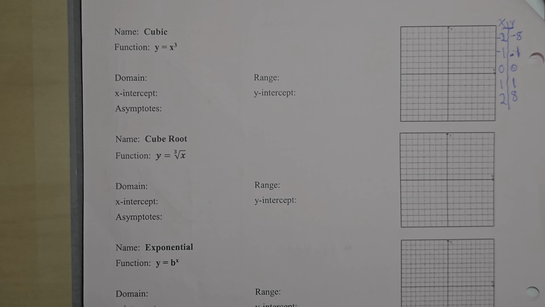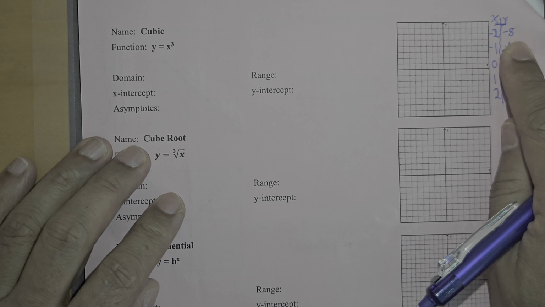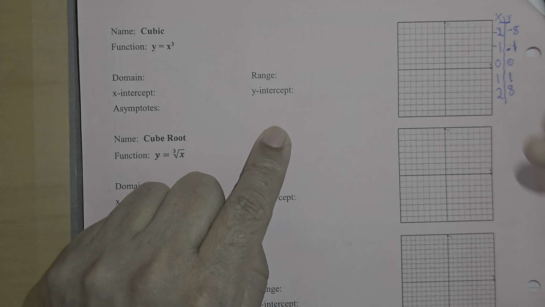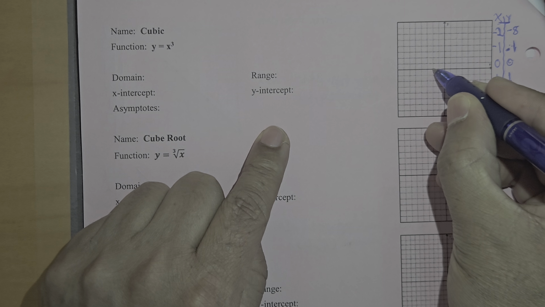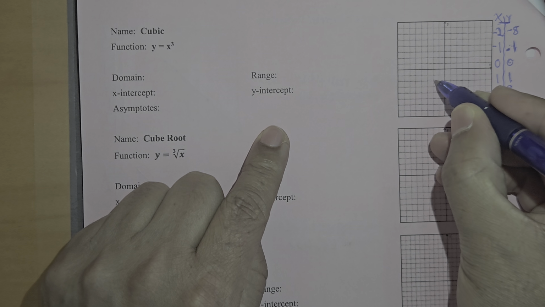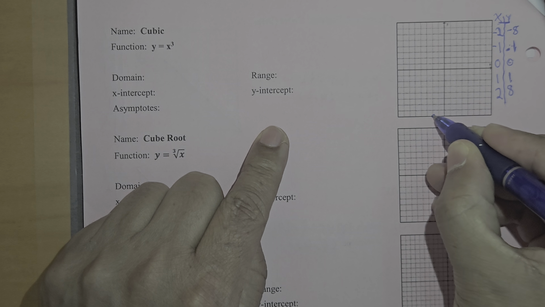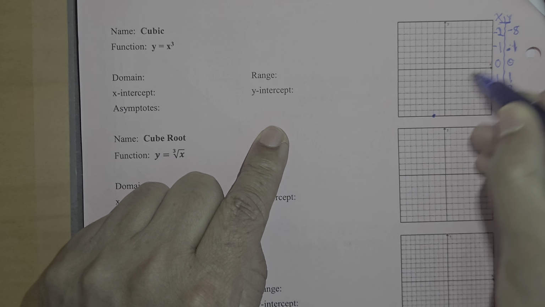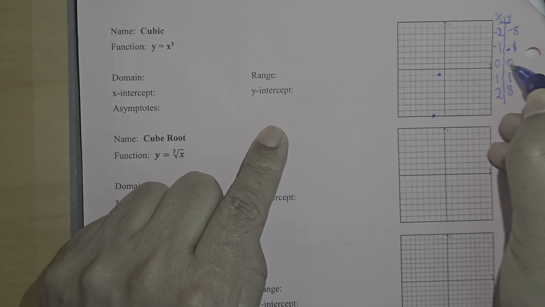Okay. So once you have the table done, then notice that if I go left 2 from the origin, left 1, 2, I have to go down 8. 1, 2, 3, 4, 5, 6, 7, and 8. So there's the first point. If I go left 1 from the origin, I go down 1. So this is the next point, and this is the origin.